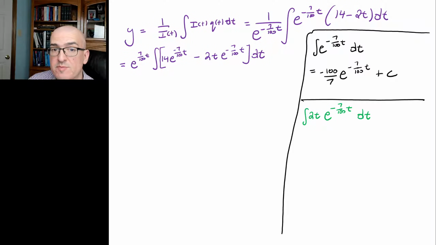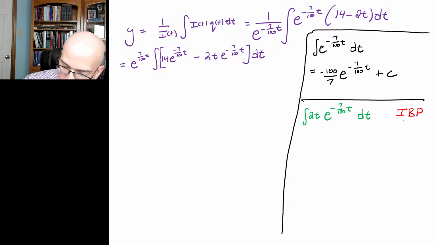This one needs integration by parts. So u is the algebraic term, 2t, so du is equal to 2 dt.